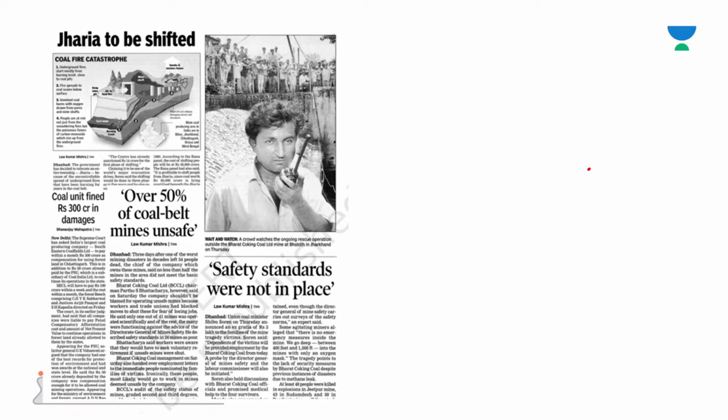So there are stricter safety regulations, and implementation of environmental laws is essential to prevent mining from becoming a killer industry.